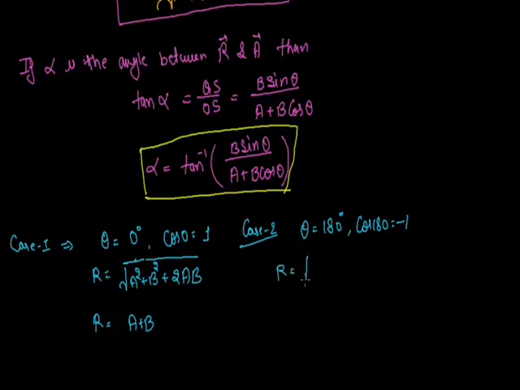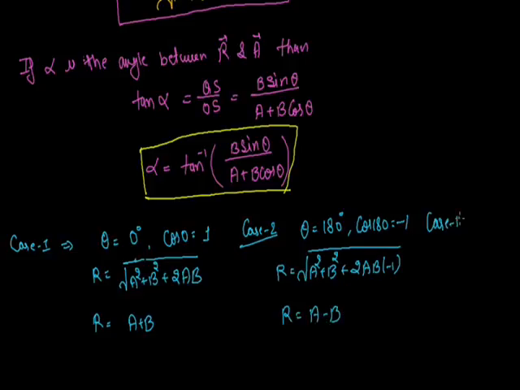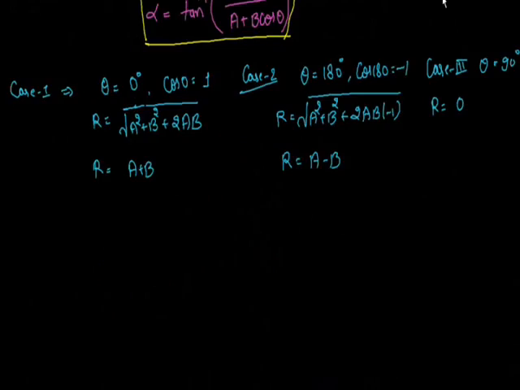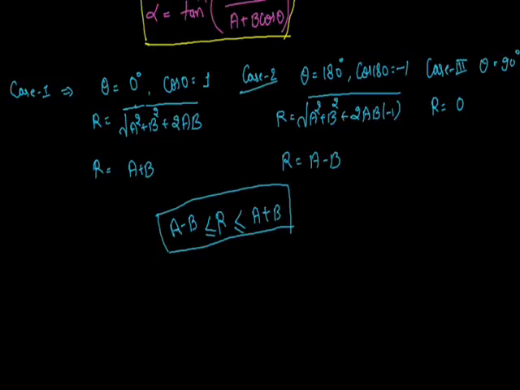Then R equal to under root A square plus B square minus 2AB. Then R equal to A minus B. If theta equal to 90 degree, then cos 90 equal to 0. We can write here R is greater than A minus B and less than A plus B. It may be equal.